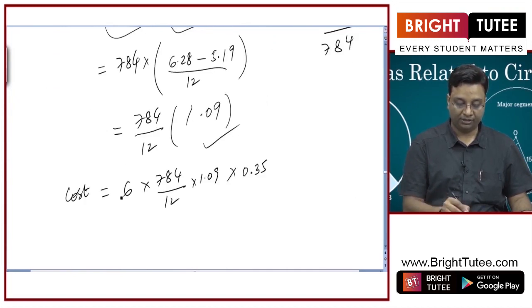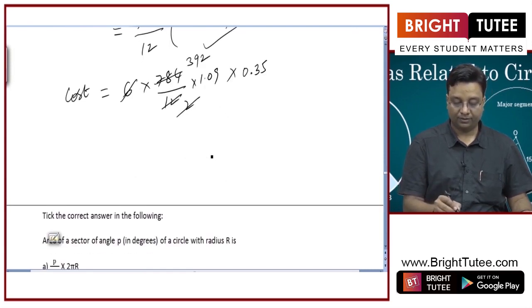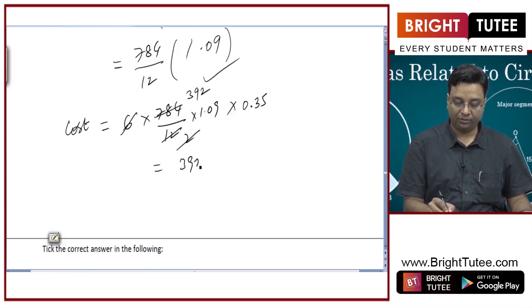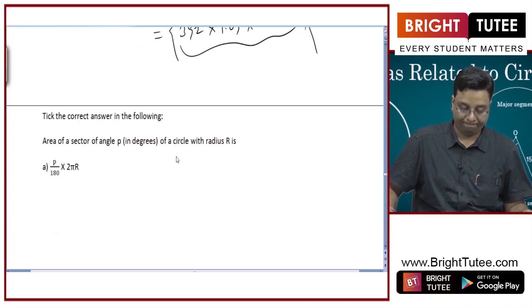So this will be your answer. Now you multiply 392 with 1.09 into 0.35, and this is your answer in rupees, or the symbol for rupees is this.